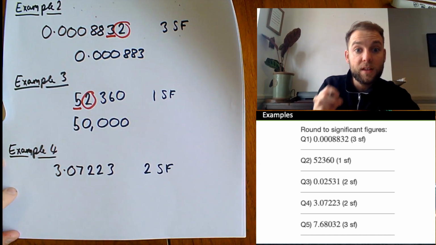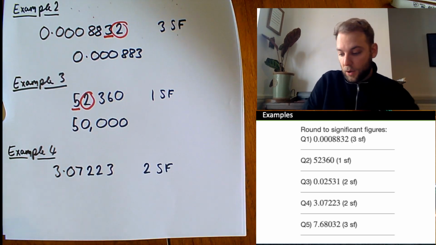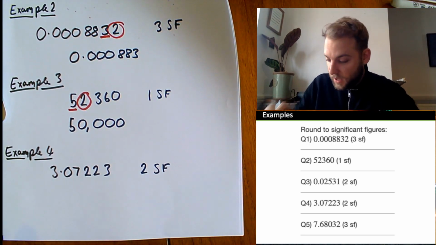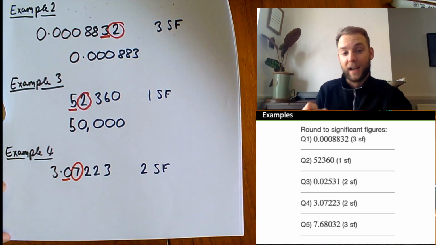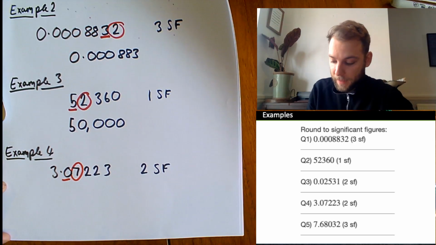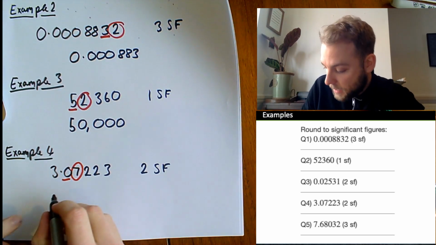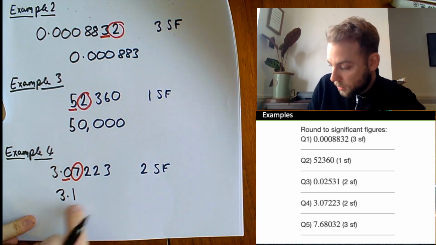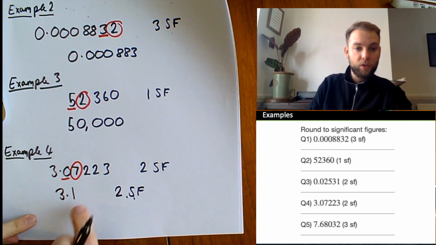My first non-zero value is this 3, so that's where I'm starting. So I'm going to go 1, 2 significant figures. This is the number I'm looking at. This is the number which determines whether I move up or down, up or stay the same. In this case, I'm moving up, I'm rounding up. So it needs to be 3.1 to 2 significant figures.